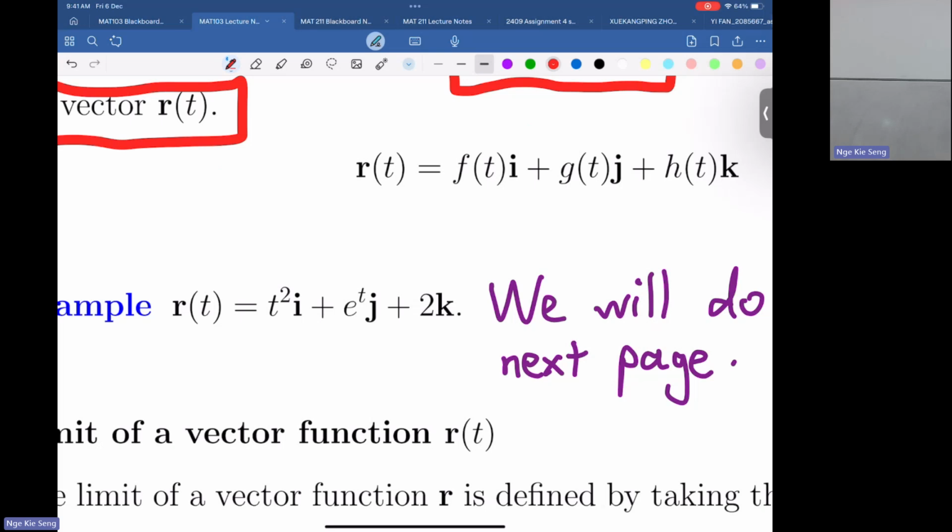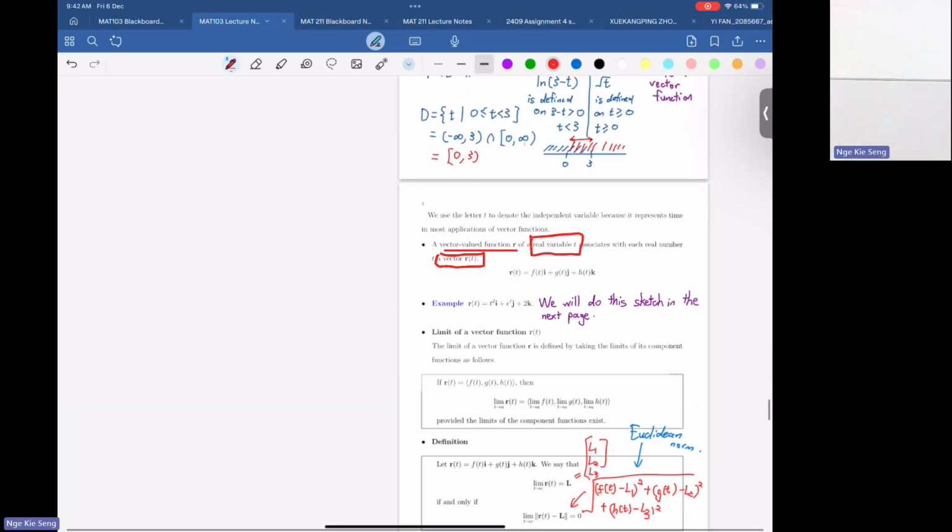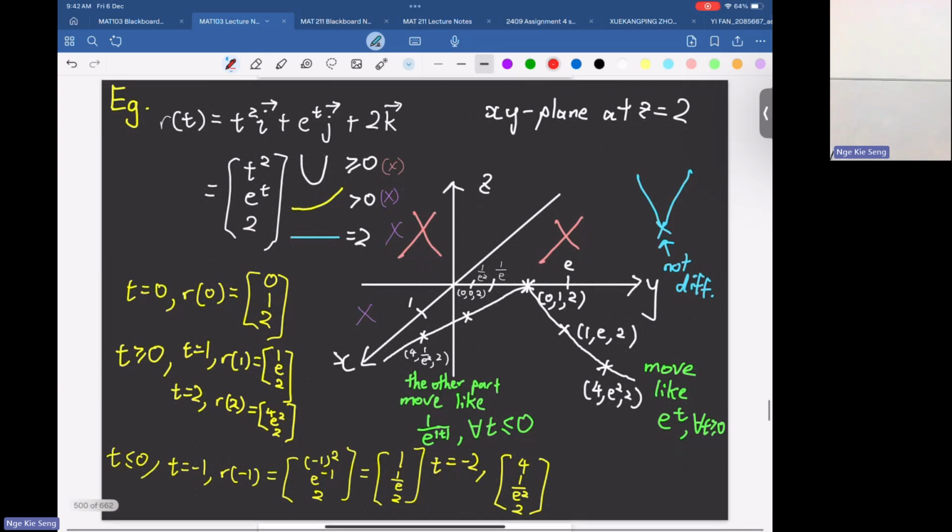But in the y direction, how does it move? It moves like an exponential function. So you should imagine that in the y direction, it should move faster than the x direction. But in the z direction, it's not constant speed 2, but constant speed 0 at the coordinate 2. So how it works, let's see.